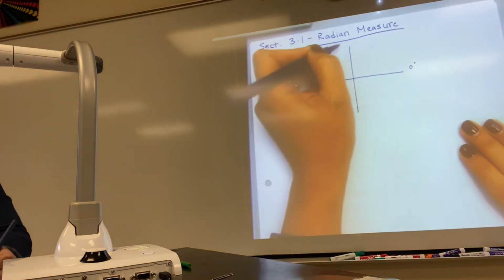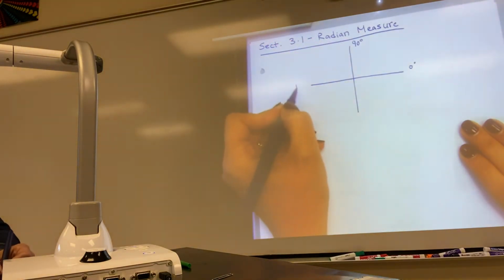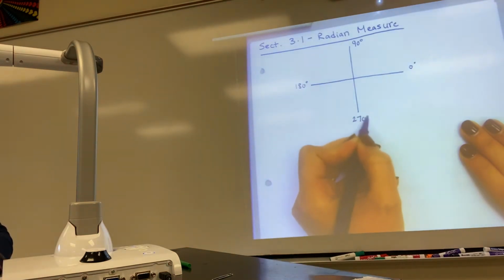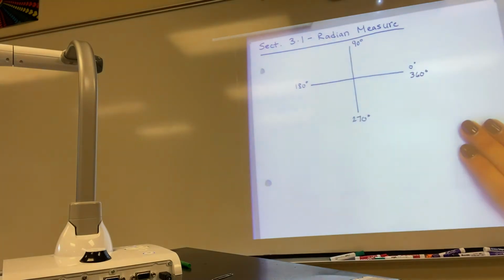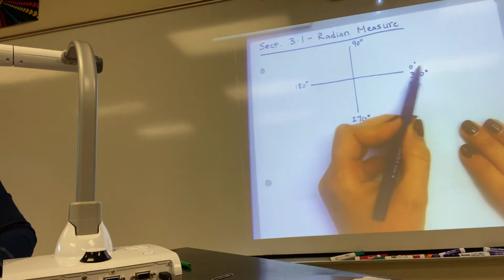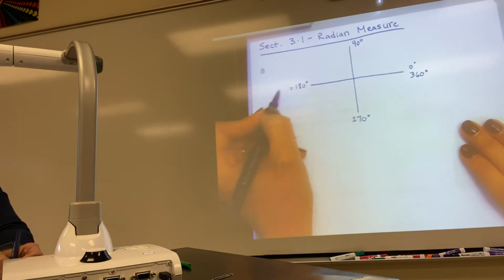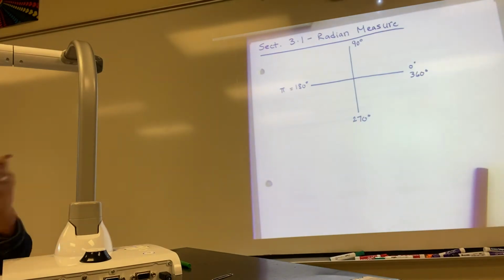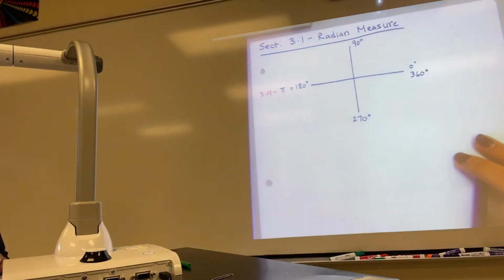Here we have 90 degrees, 180 degrees, 270 degrees and 360 degrees. When it's 0 degrees, it's 0 in radians as well. When it's 180 degrees, that is the same as pi. When we are working in radians, pi is approximately 3.14.